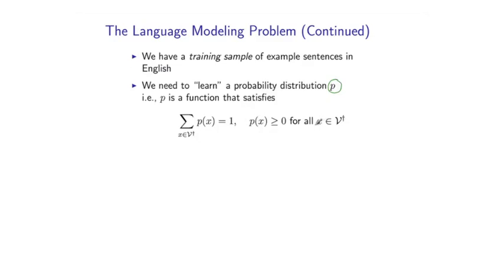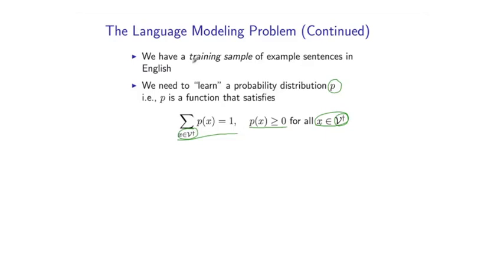So firstly, for any sentence x, remember, V dagger is the set of possible sentences in the language, we have P of x is greater than or equal to 0. And secondly, if we sum over all sentences in the language, we have something that sums to the value 1. Okay? So P is a well-formed distribution over sentences in the language.